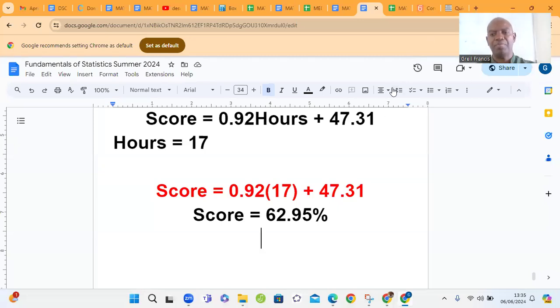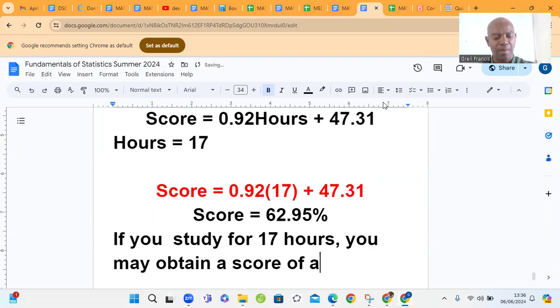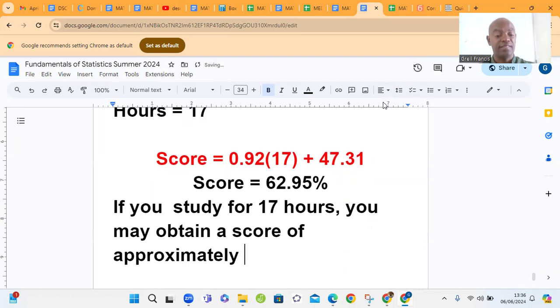So just to recap the interpretation, if you study for 17 hours, you will or you may obtain a score of approximately 63%.